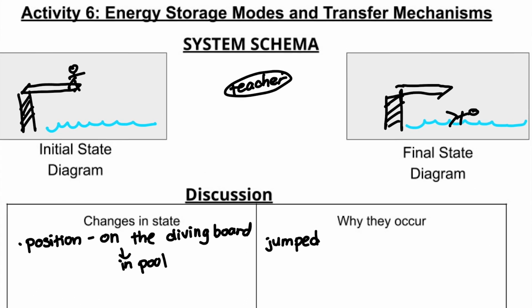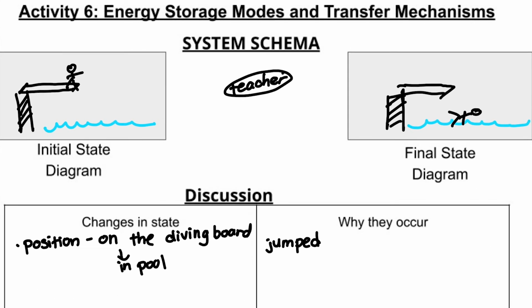All right, so the system schema would be, so let's say there's a teacher, okay, and the teacher was standing on top of, here, actually, I will go ahead and use a thinner pen. So your teacher was interacting with the diving board by standing on it. Okay, and then I jumped into the pool, so then there's some interaction with the pool as well.